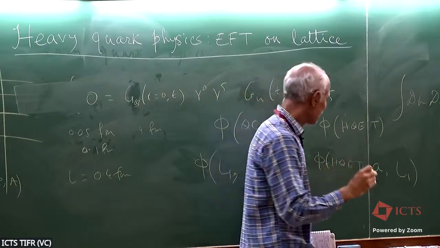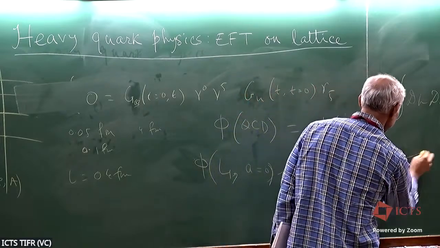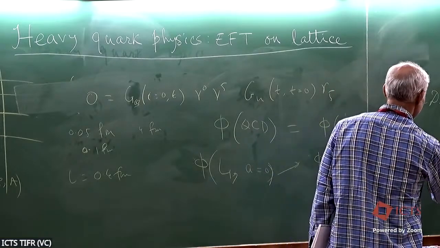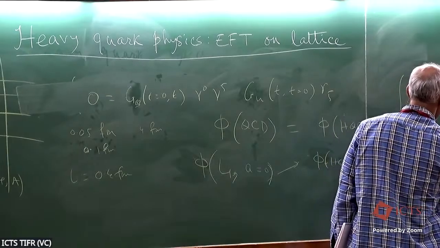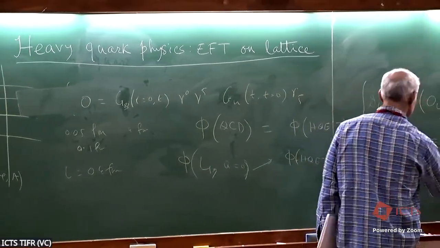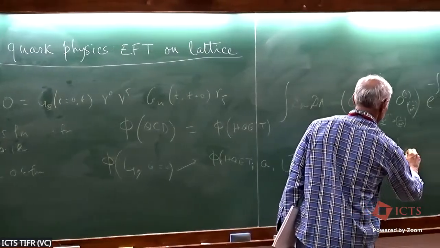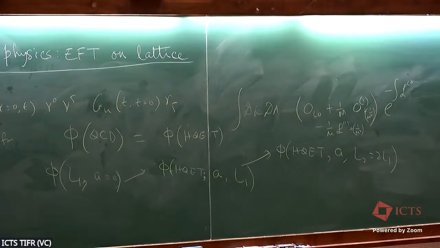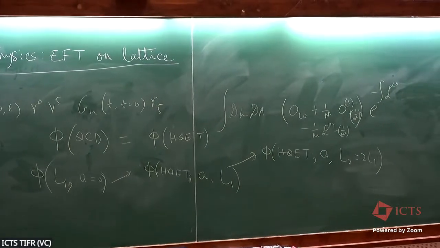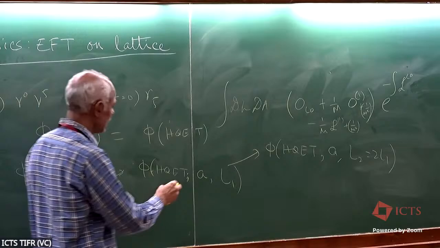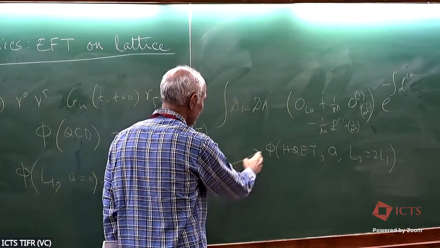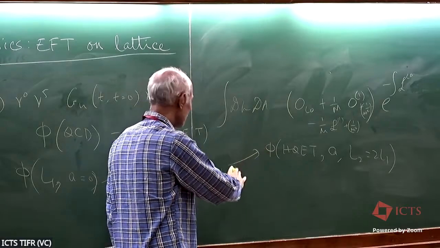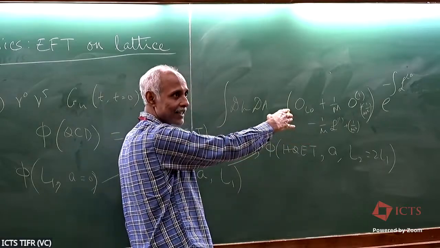But anyway, the plan is that now this HQET at size L1 you match to another HQET, let us say, not much larger, one step up. So that gives you some kind of, what would be the equivalent of a beta function for this particular matching coefficients. You go from a scale L1 to a scale L2.